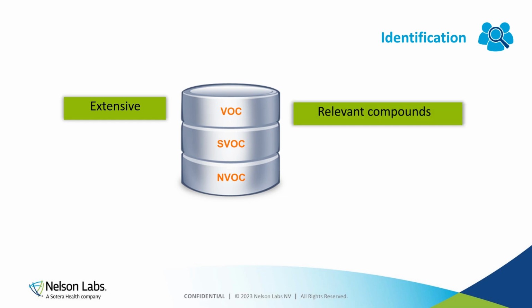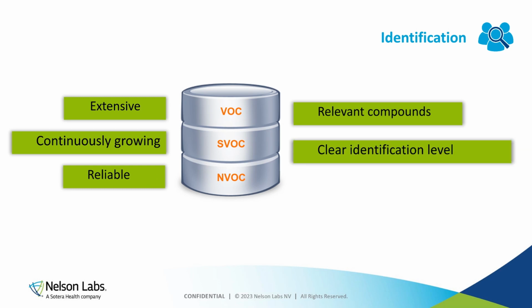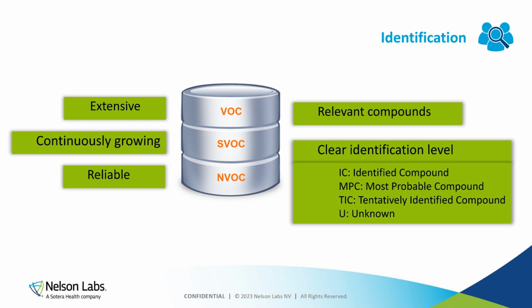A good database should also contain relevant compounds. It should also continuously grow, as constantly new materials are being invented. And a good database, of course, should be reliable. Last but not least, all compounds should have a clear identification status, and it is crucial that the toxicologist knows how certain the identification is.